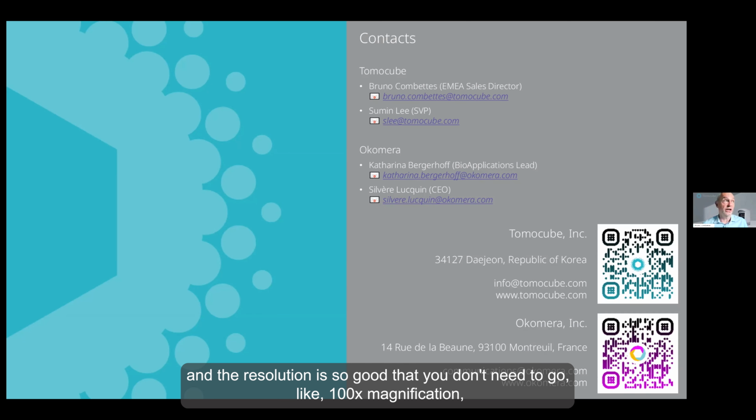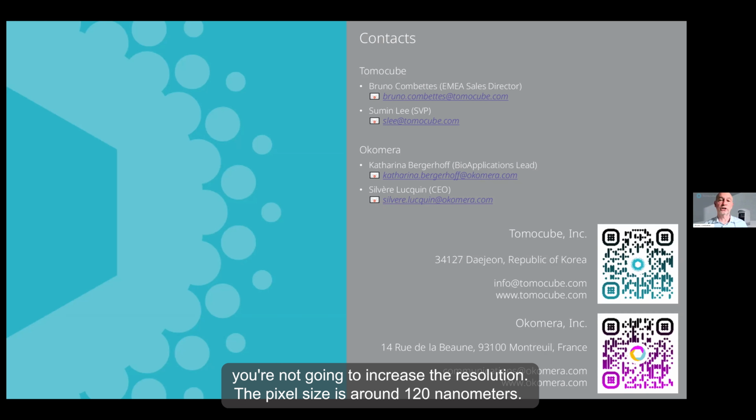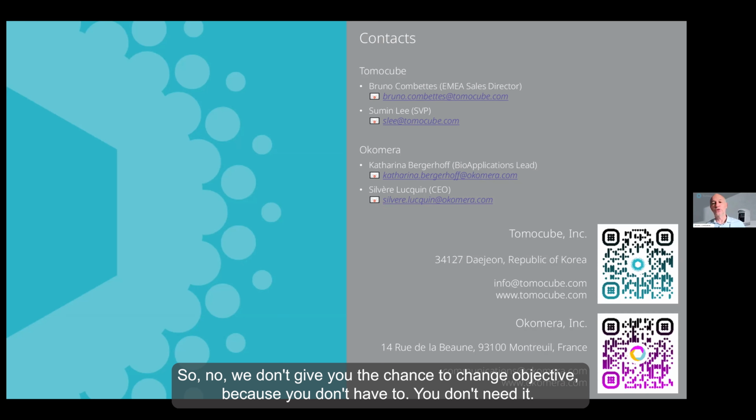The resolution is so good that you don't need to go to 100x magnification. You're not going to increase the resolution. The pixel size is around 120 nanometers, and that's already such a good pixel size that you don't need higher magnification. So no, we don't give you the chance to change objective because you don't have to. You don't need it.